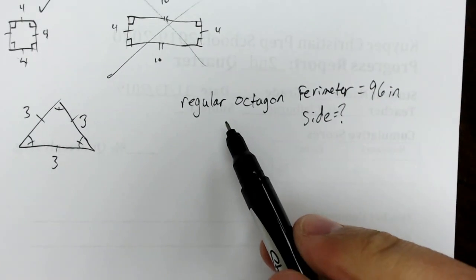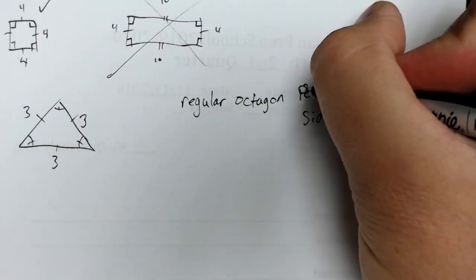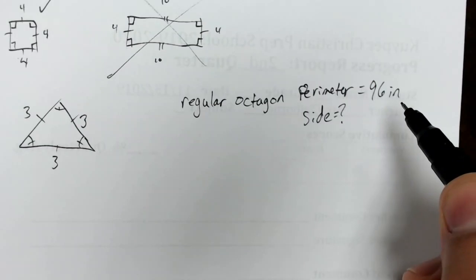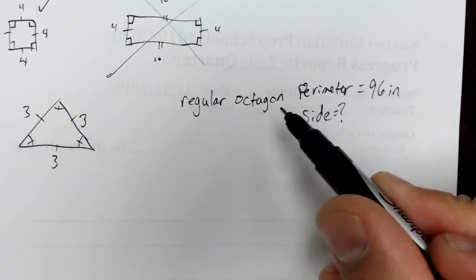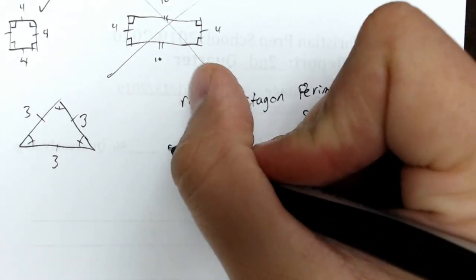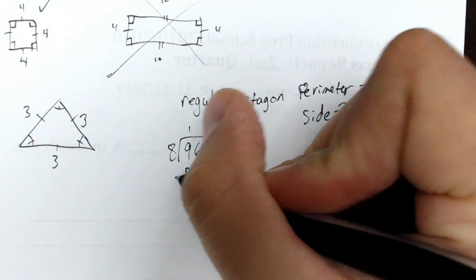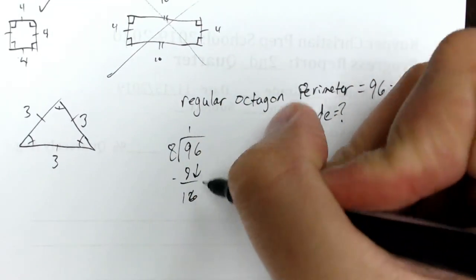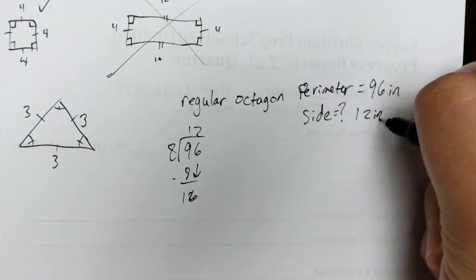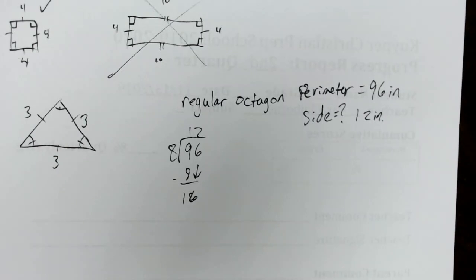Well, the interesting thing about a regular octagon is I know that every single side is the exact same length. So I can take the perimeter, which is all the sides added up together, and I can divide the perimeter by the number of sides to get the length of one. So if I take 96, I divide it by 8, and then I get 12. So the length of one side would be 12 inches. So that's how I can use some information about regular polygons to help me solve things about them.